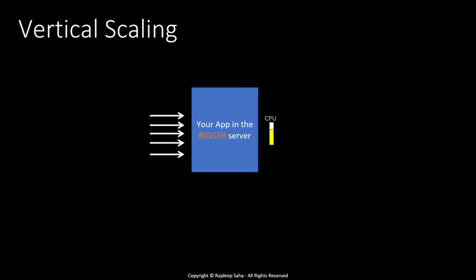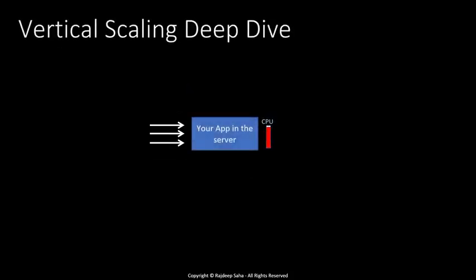So now let's do a vertical scaling deep dive. Going back to the previous state where your app was running in the smaller server and the CPU was almost near the max. If we zoom out a little bit, how is the traffic coming to your server? Generally, you'll have an application load balancer in front of this server.